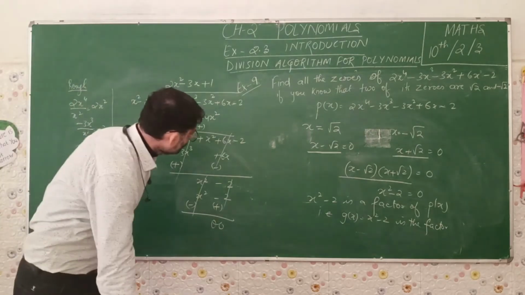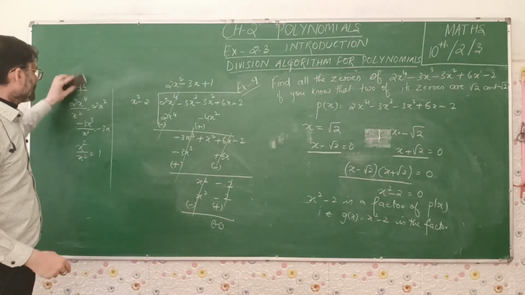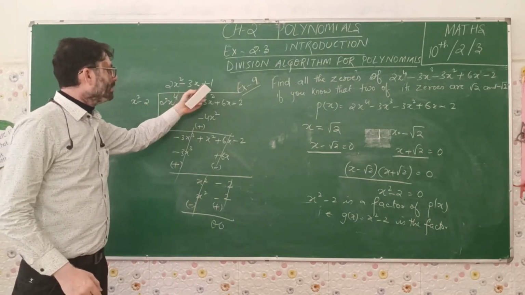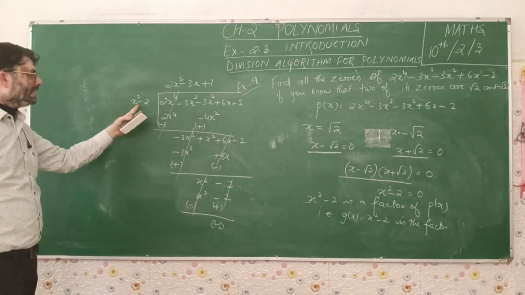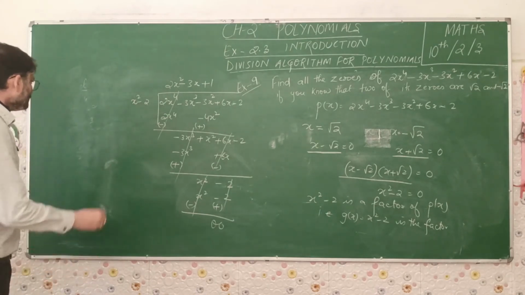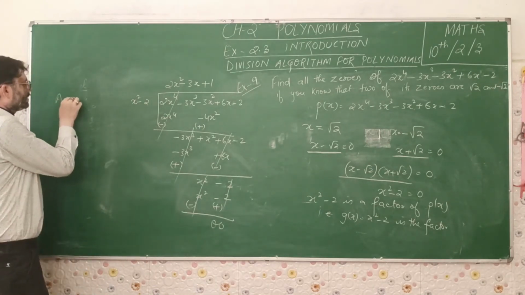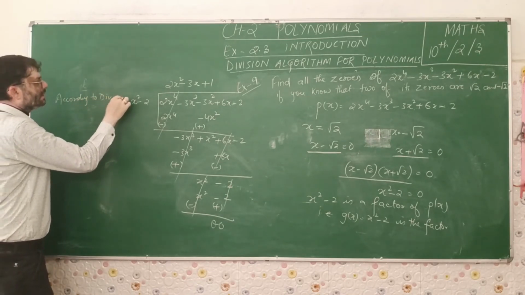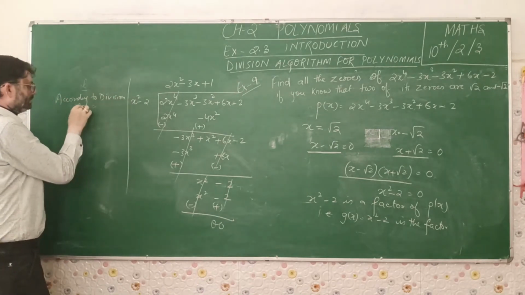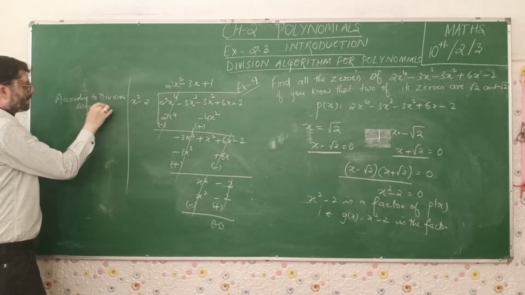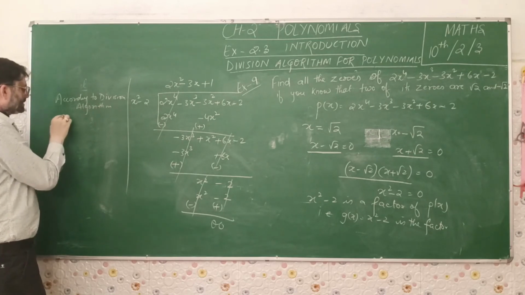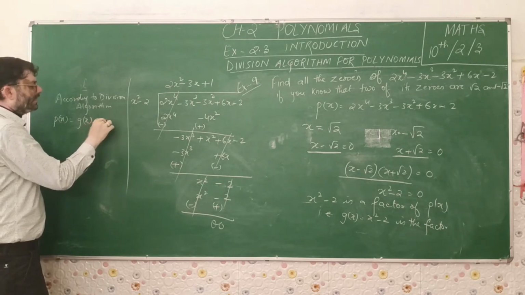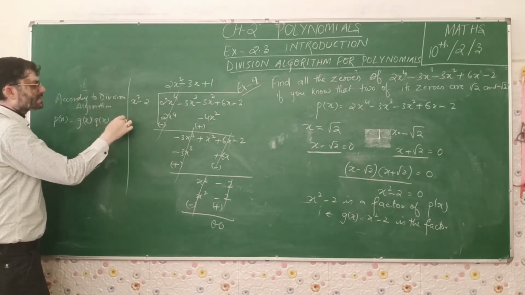Now, as soon as the division is over, we get a quotient. And that quotient is 2x squared minus 3x plus 1. We had a divisor, x squared minus 2. So according to the division algorithm, P of x is equal to g of x into q of x plus r of x.